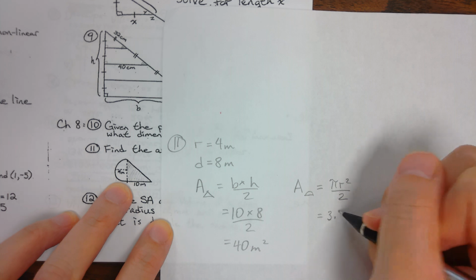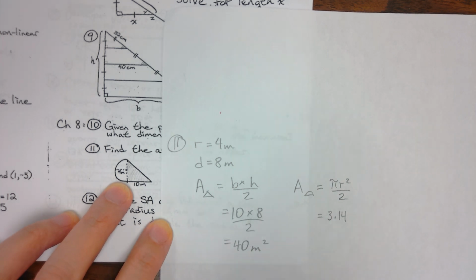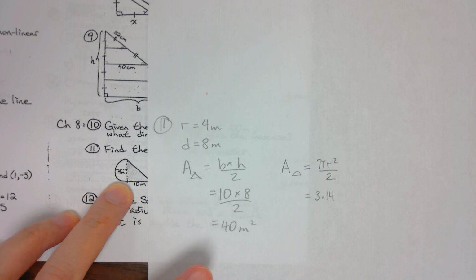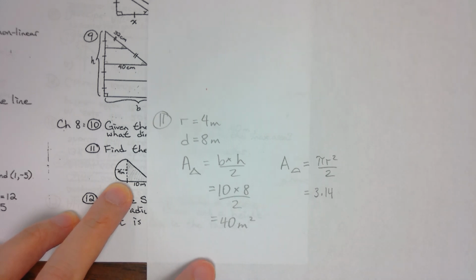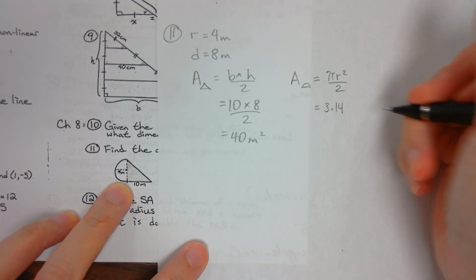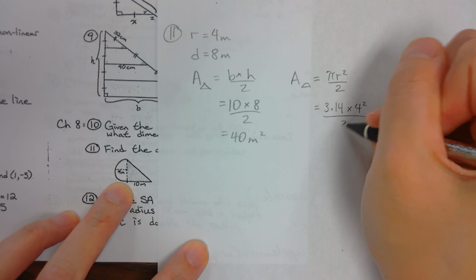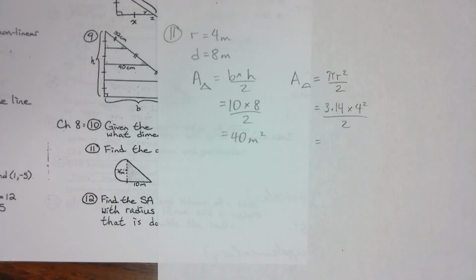So on the exam, you can just use 3.14. You don't have to use the pi button because in case some people, not you guys, don't have their calculator and they don't have that pi button. All right, so 3.14 times the radius, which is 4 squared, divided by 2. So you get 3.14 times 16 divided by 2.